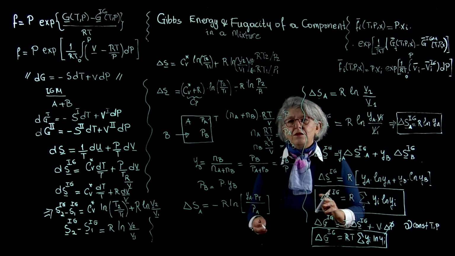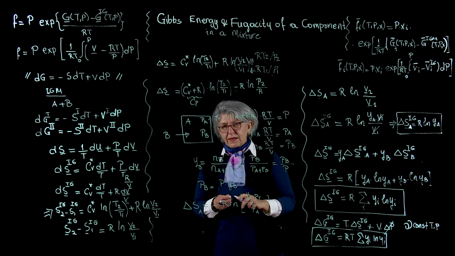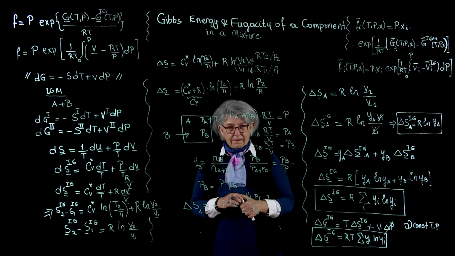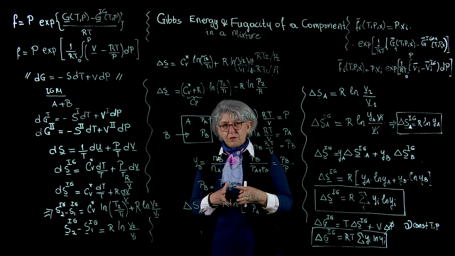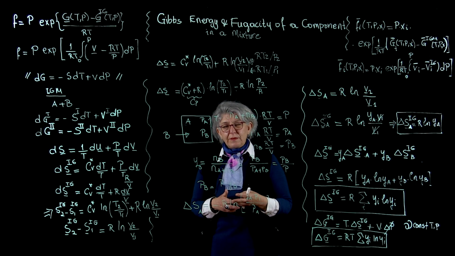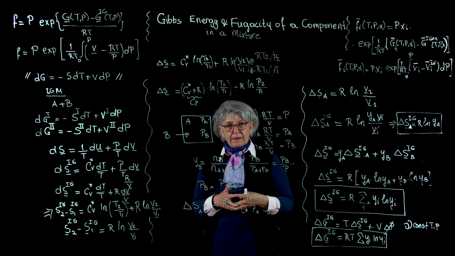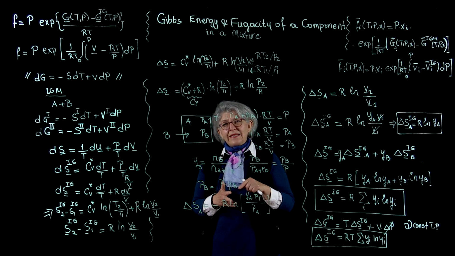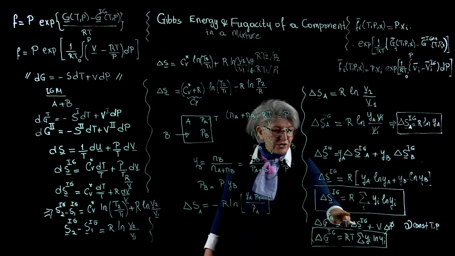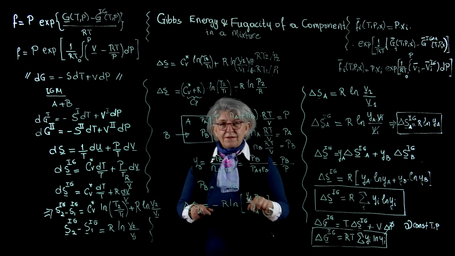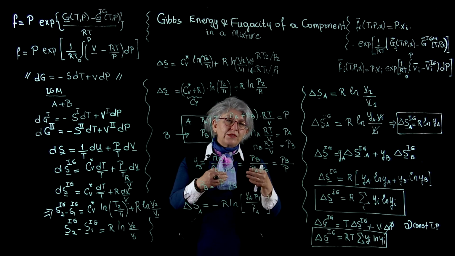All right, so if we mix two ideal gases, the volumes will be additive. There will be no volume change upon mixing. Energies will be additive. There will be no energy change upon mixing. But you're going to have entropy change upon mixing, and energies that have entropy change in their fundamental descriptions are going to change as well.